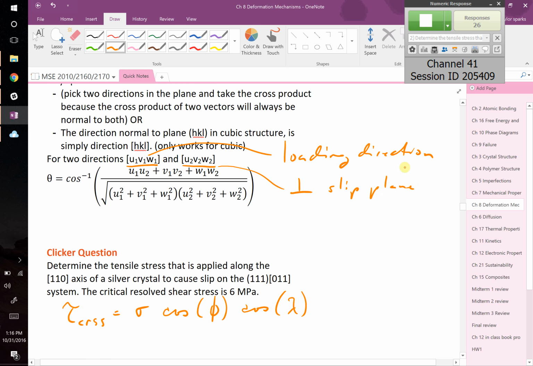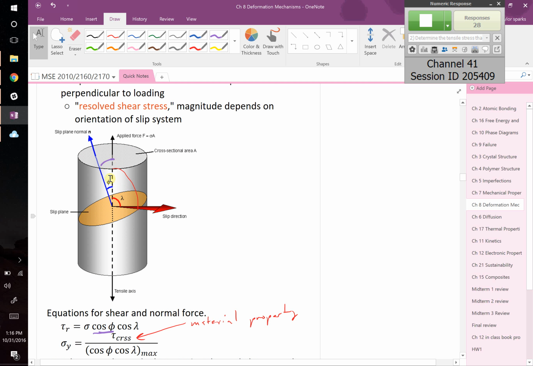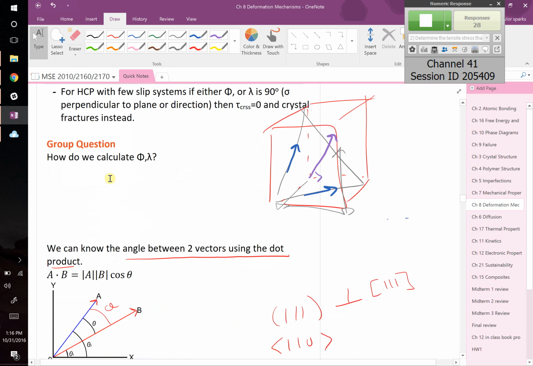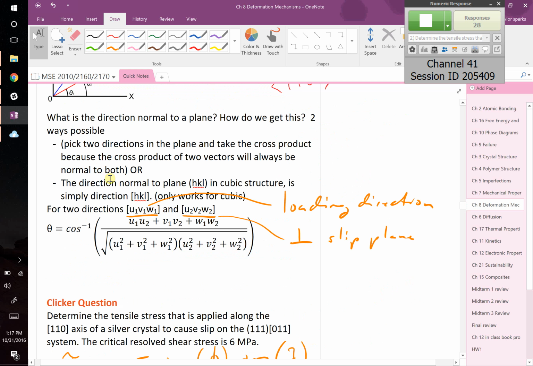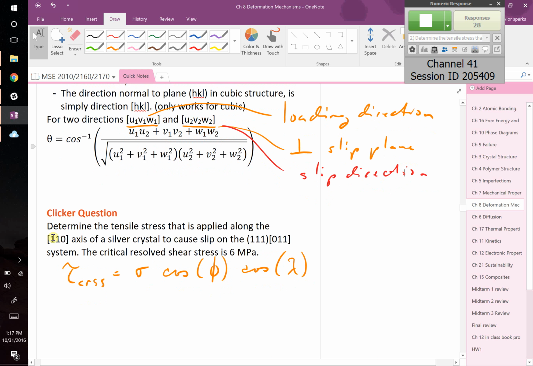If you do that, you get one of the angles you're looking for, phi. Then you do it again, but this time instead of the slip plane, you use the slip direction between the loading direction and slip direction, and you'll get lambda. So theta is just a generic angle between two vectors. Okay. Other questions?